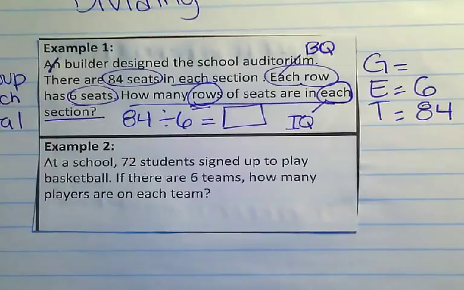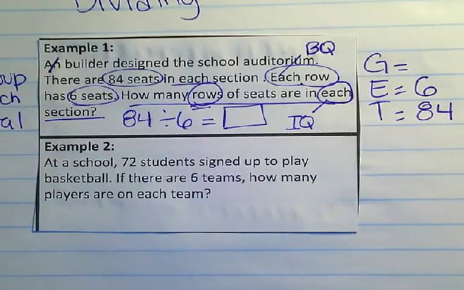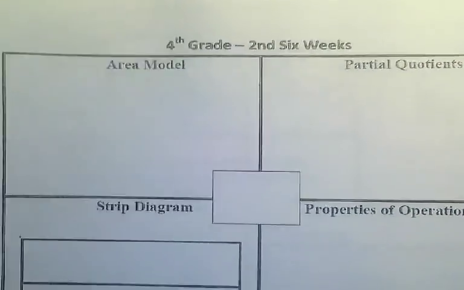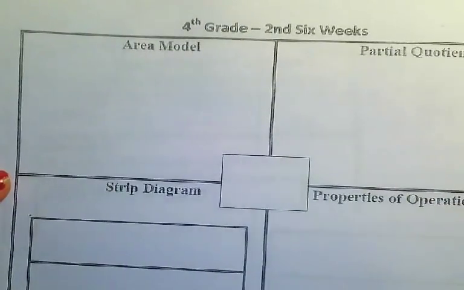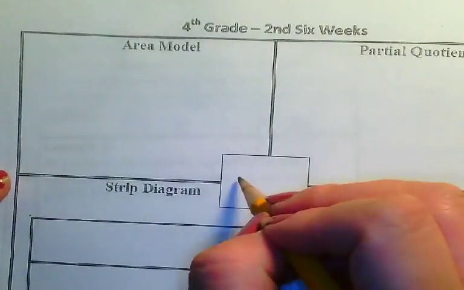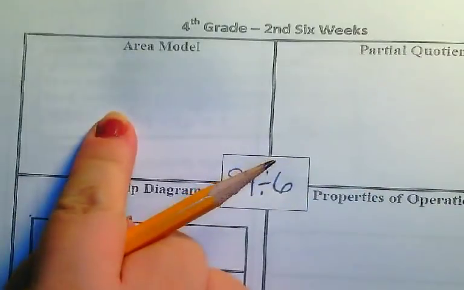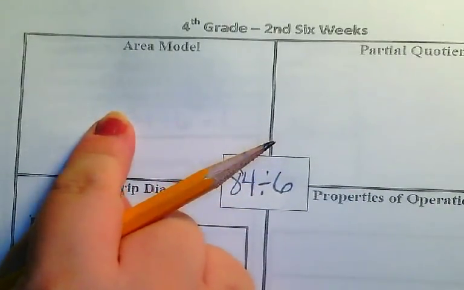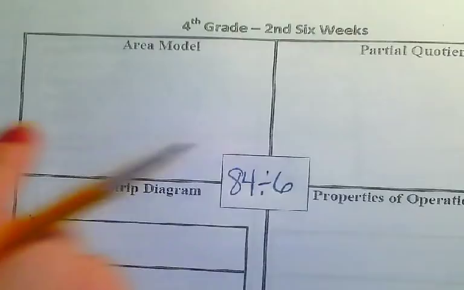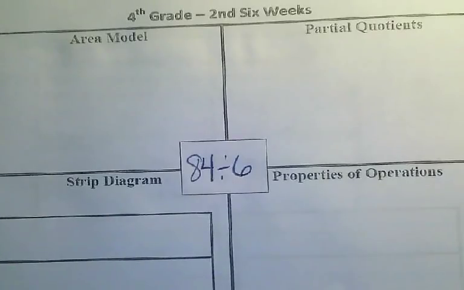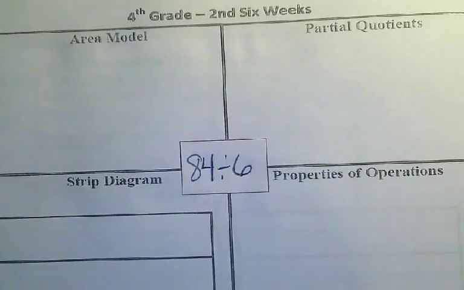Okay, so we are going to use this table right here, our graphic organizer, and we're going to work it out. So here we're going to put our problem, 84 divided by 6. We are going to do area model. Okay, so area model, that's what we're going to be working with.